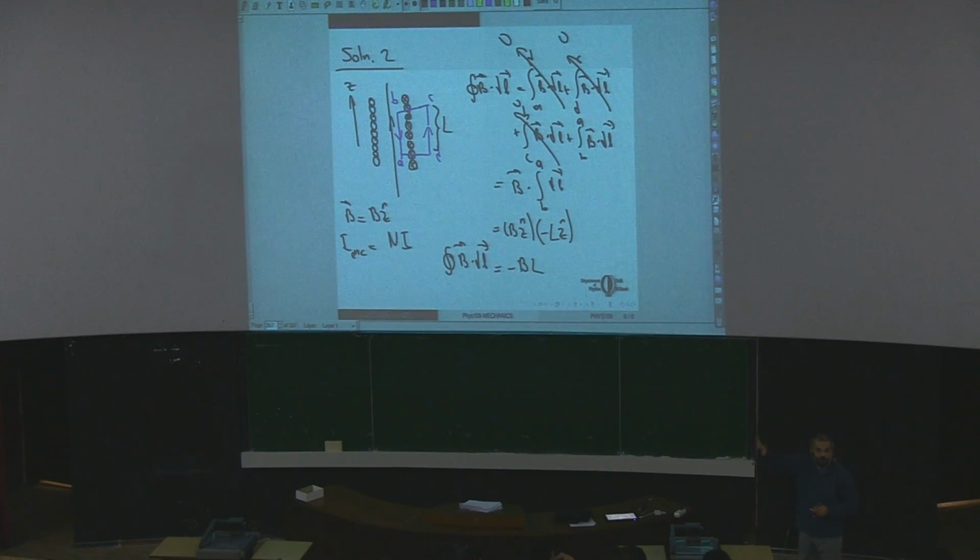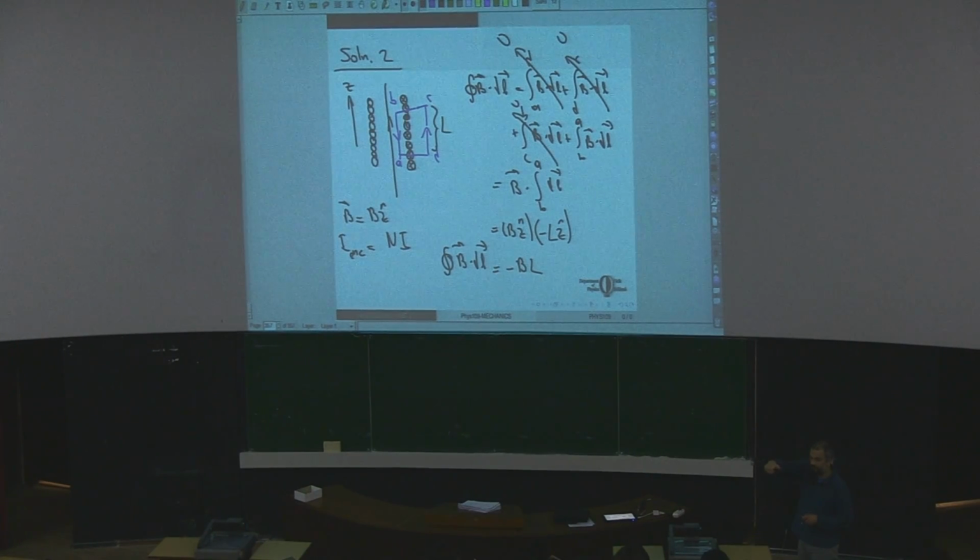Just wrap your fingers in the direction of your loop. This is our positive direction of the current. Since all my currents are running in the opposite direction, they are all negative currents. So I enclosed is minus Ni.